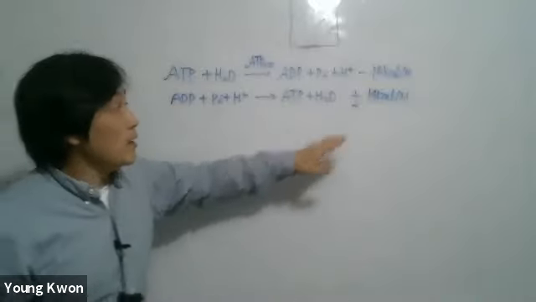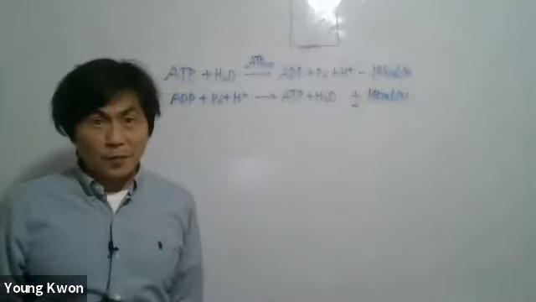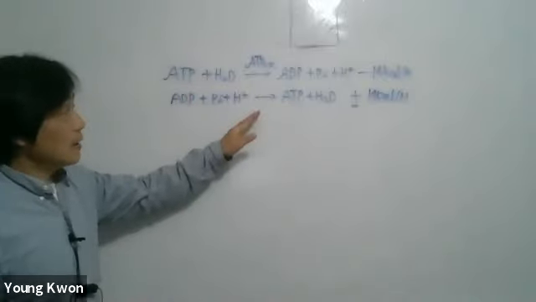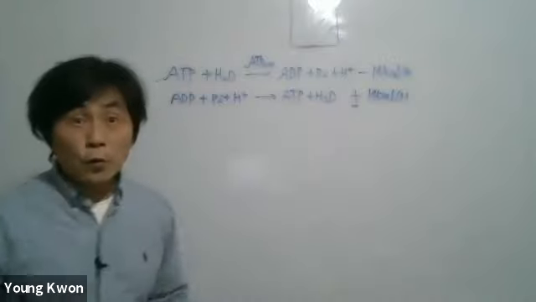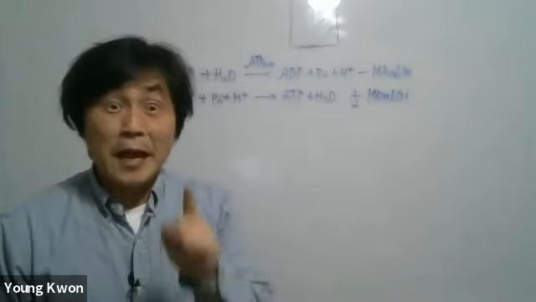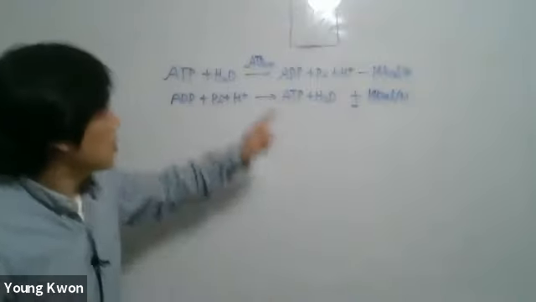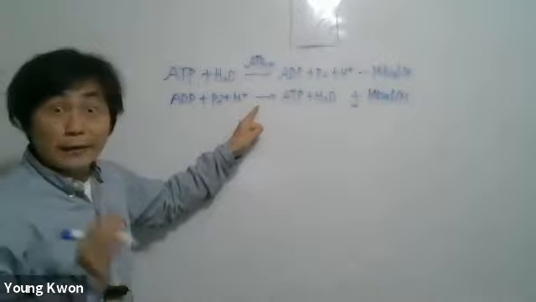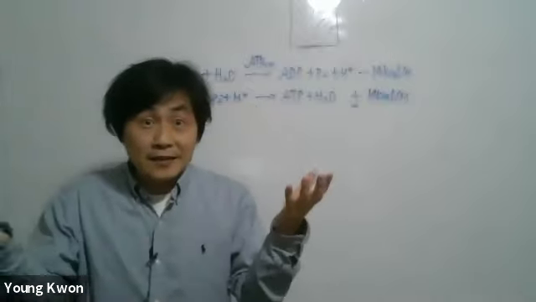To go this way, we need 14 kilocalories per mole. Do you know the name of going this way? We call it endogonic reaction. So this is exogonic reaction, it releases energy. This is endogonic reaction, it needs energy.